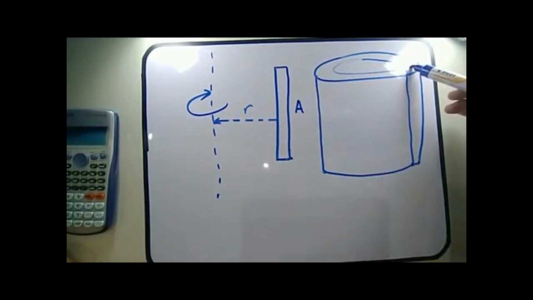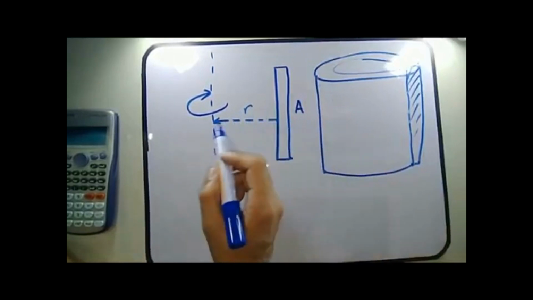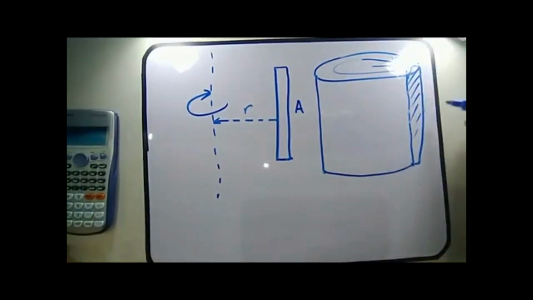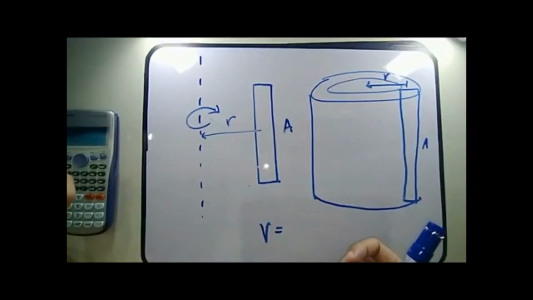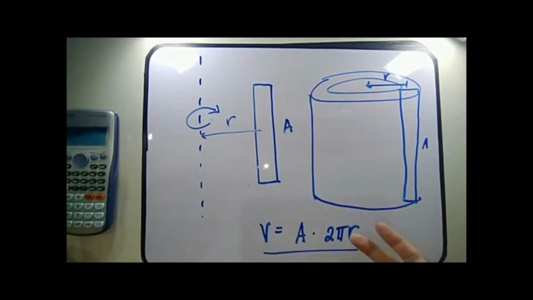So we rotate this rectangular strip about a certain axis. This will be R and this will be the area. Using the second proposition of Pappus, the volume is equal to the area times the circumference of our rotation. This will be the basis of our formulas.